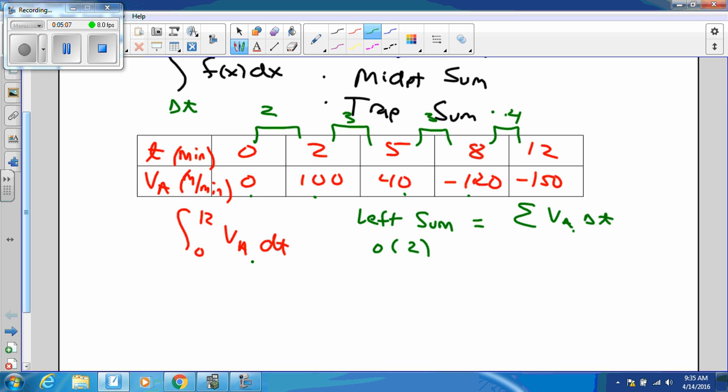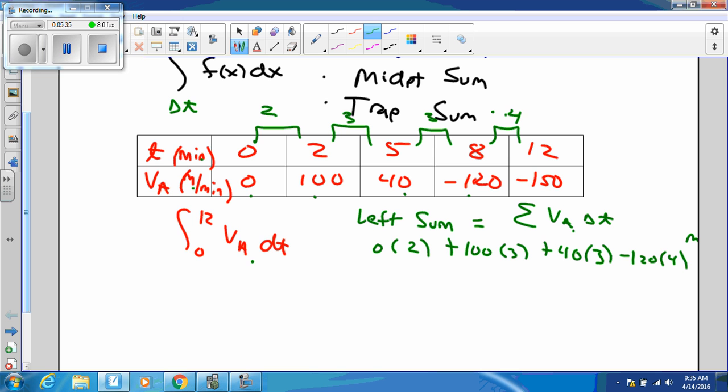So notice the correspondence between our symbols here. Okay. So I have 0 times 2 plus 100 times 3 plus 40 times 3 minus 120 times 4. And units, meters per minute times minutes for each term. And so I would express that as meters.